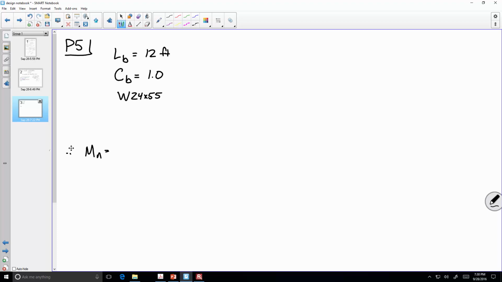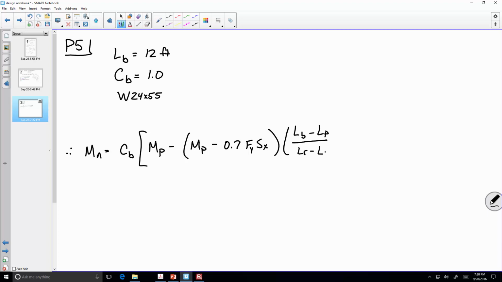It's going to be CB, which is 1, times the following: MP minus 0.7 Fy Sx, and then LB minus LP over LR minus LP. Okay. And I'm going to do my best to try and not lose you on some of the math. Everybody good? Okay. All right.